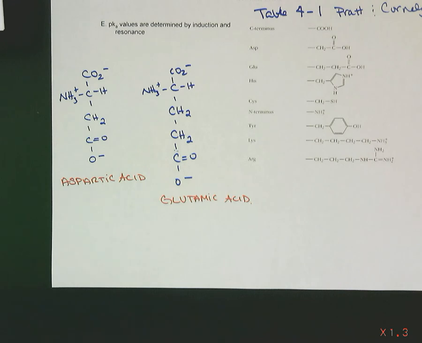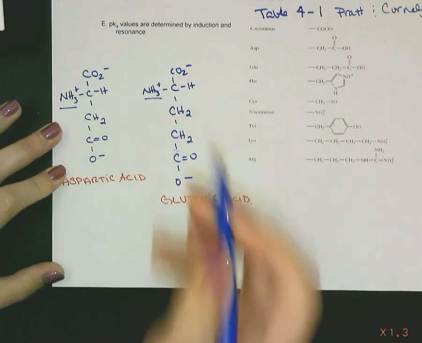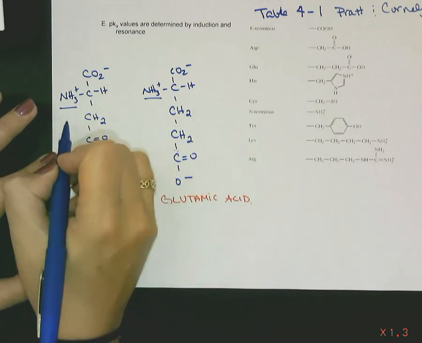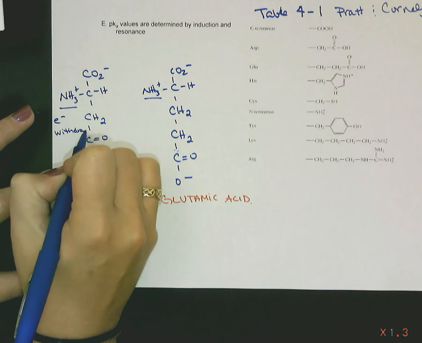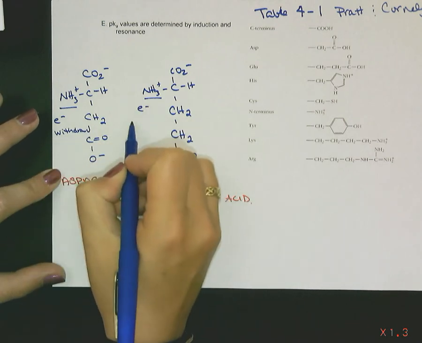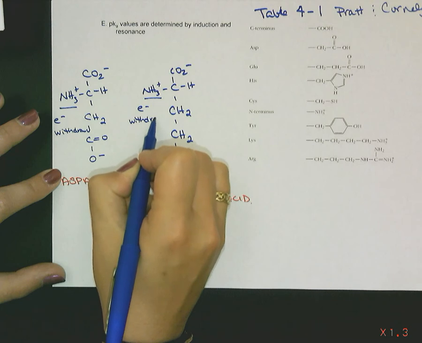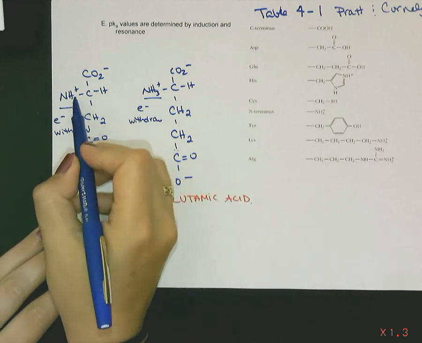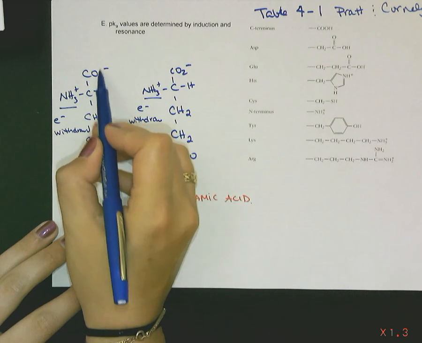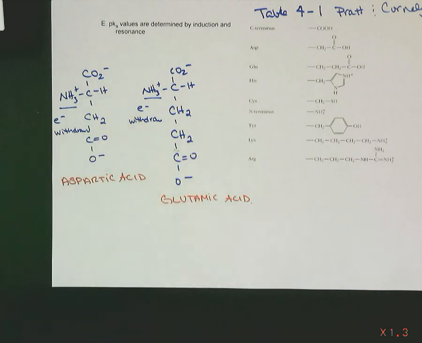It wants them, right? The NH3 is positively charged, so these guys are both electron withdrawing groups. So it's withdrawing electrons both from this guy up here and from this guy down here, right? Pulling electrons from both ends of the amino acid.